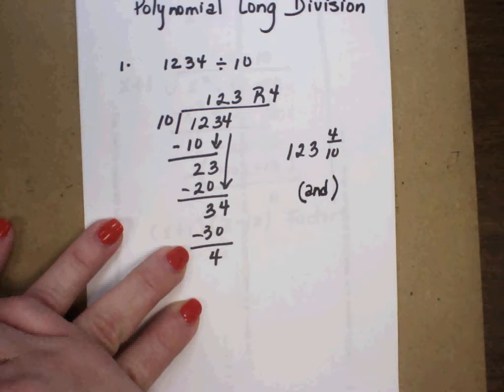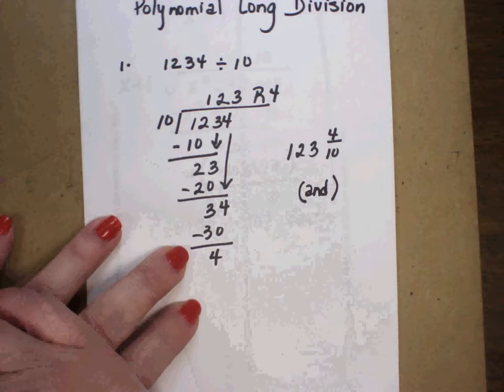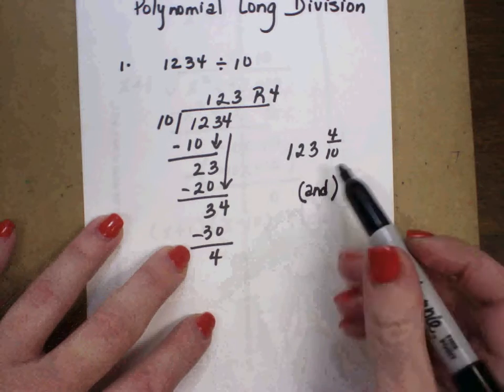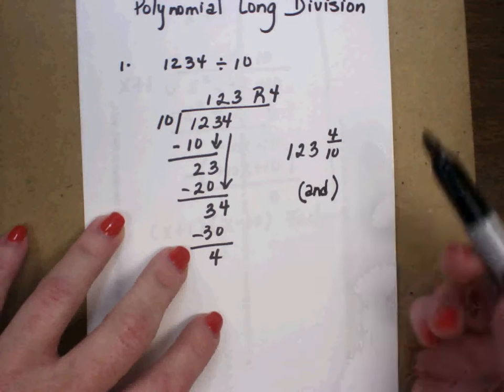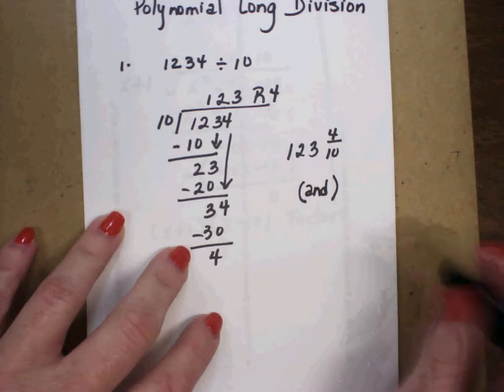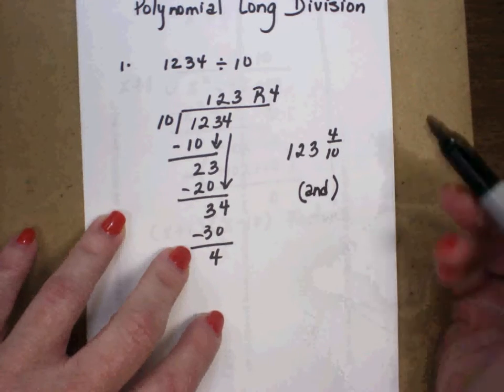Okay, so when I say yours and mine, what math operation does that mean? Addition. This is 123 wholes and then 4 out of 10, right?